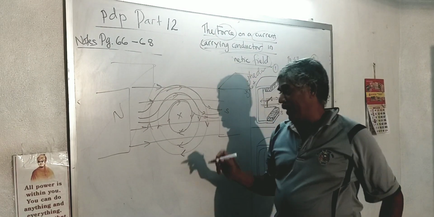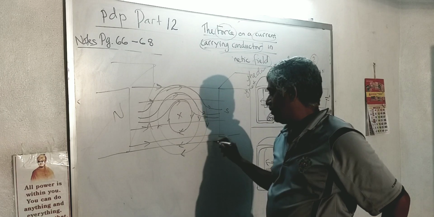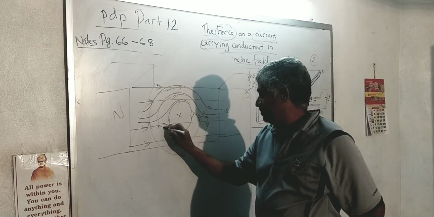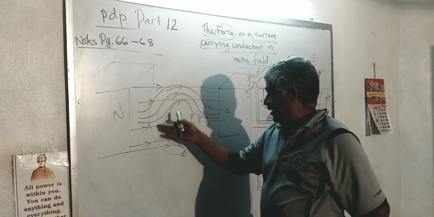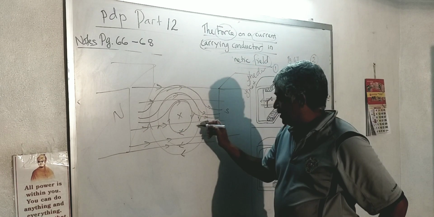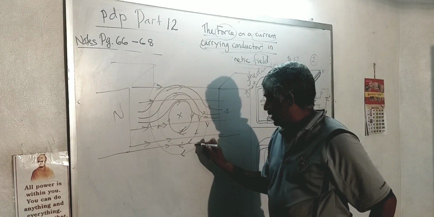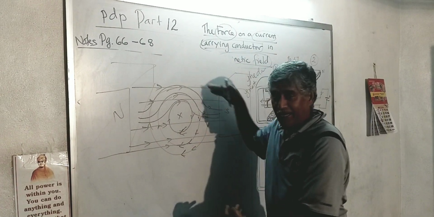But if you look at the bottom part of the conductor, the magnetic field from the permanent magnet is opposing the magnetic field from the current carrying conductor.